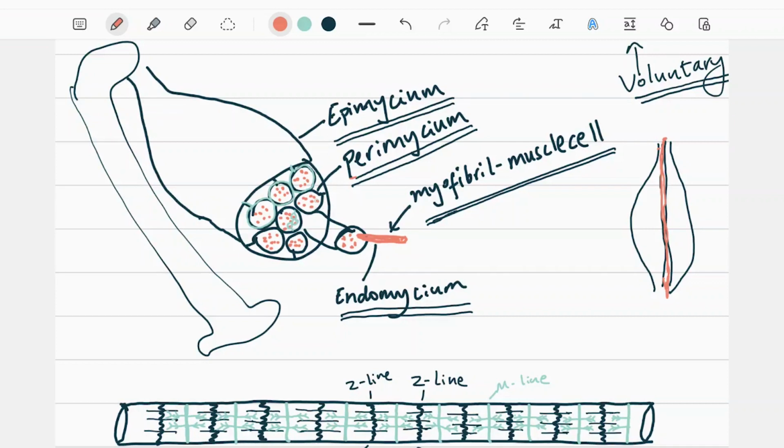This perimysium, this green color which I'm drawing over here, is wrapping a bunch of individual muscle fibers, and it gives little processes, little extensions that wrap individual muscle fibers, which become your endomysium.